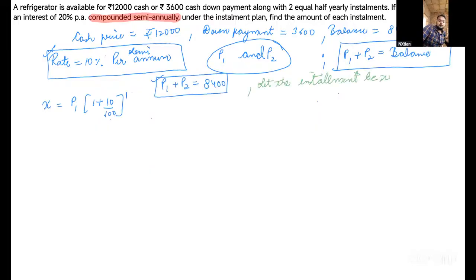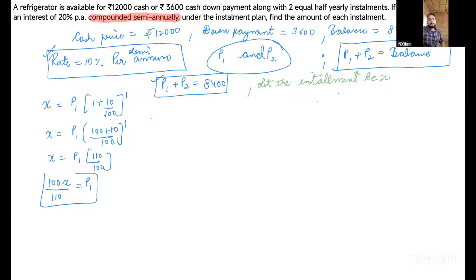So that is why the power becomes 1. When we solve this, X is equal to P1 into (100 plus 10) upon 100, so X is equal to P1 into 110 upon 100. So 100X upon 110 is equal to P1. This is the value of P1.